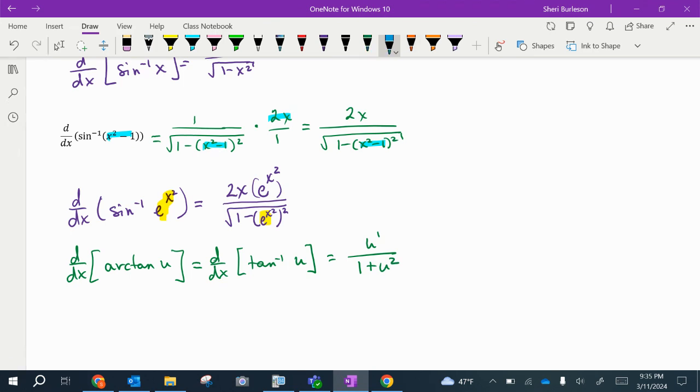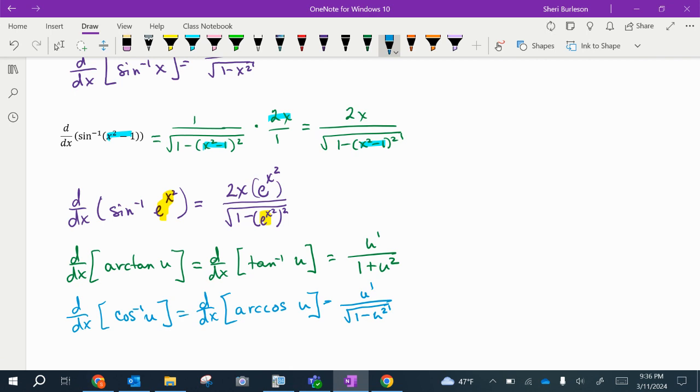The derivative of inverse cosine of u, or arc cosine of u, looks like the derivative of inverse sine.